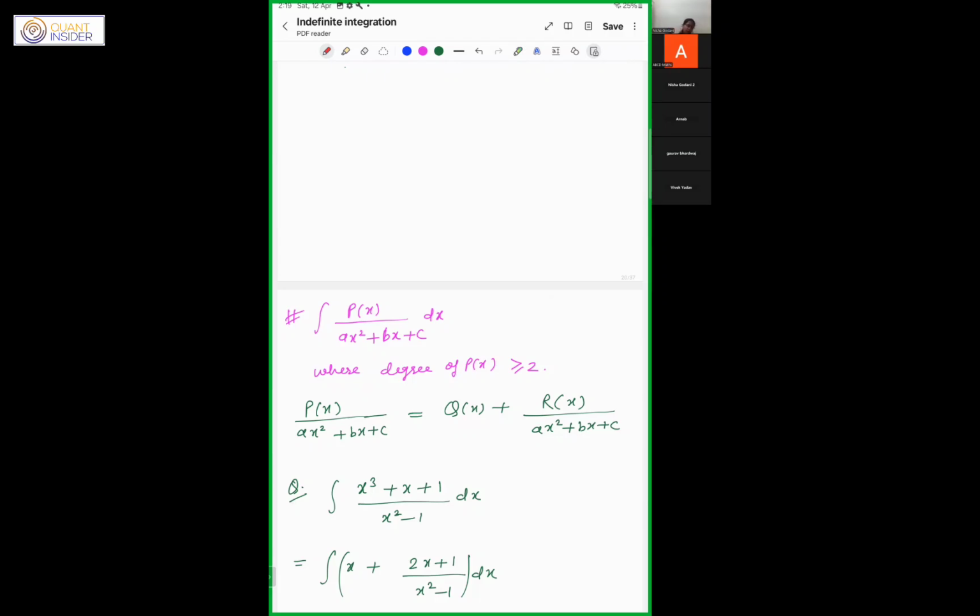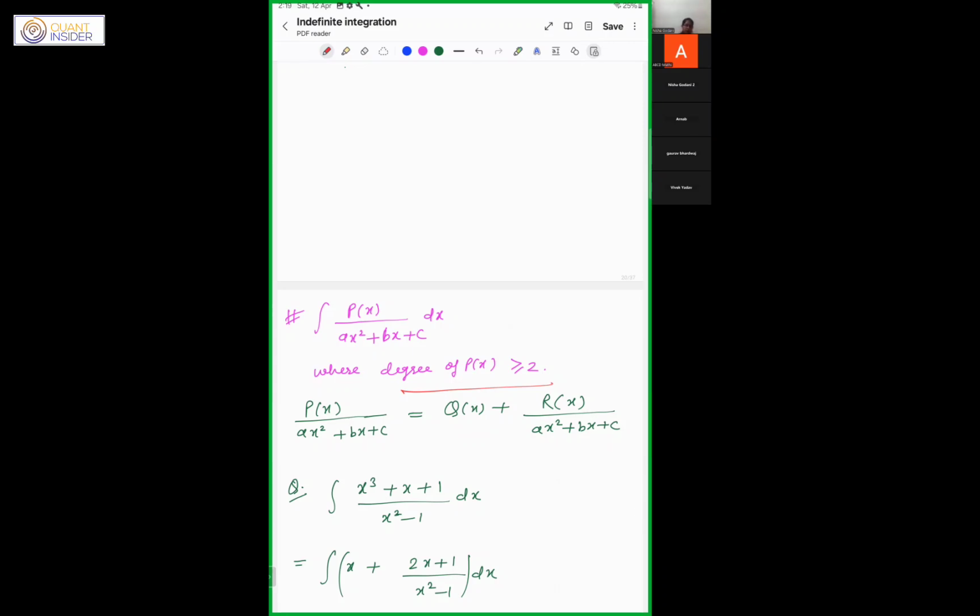But in that there was a linear polynomial in the numerator and a quadratic in the denominator. Suppose the polynomial in the numerator has degree equal to or greater than the quadratic polynomial, meaning degree 2, in the denominator.